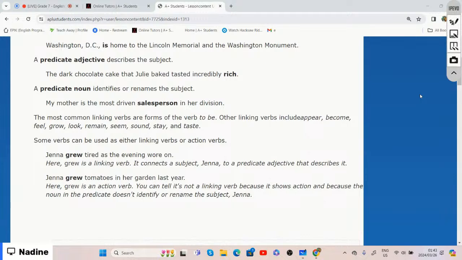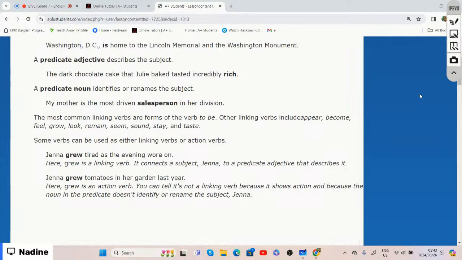Which means that the word grew is a linking verb and it connects the subject, Jenna, to the predicate adjective that describes her. So grew is our linking verb, and tired describes Jenna.